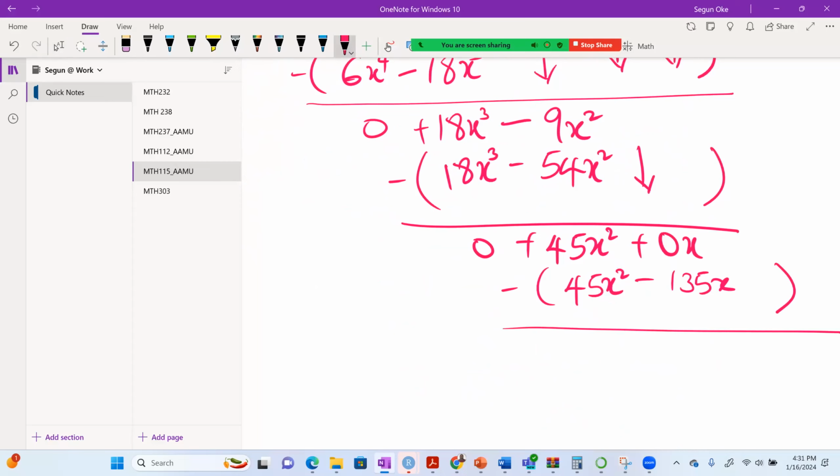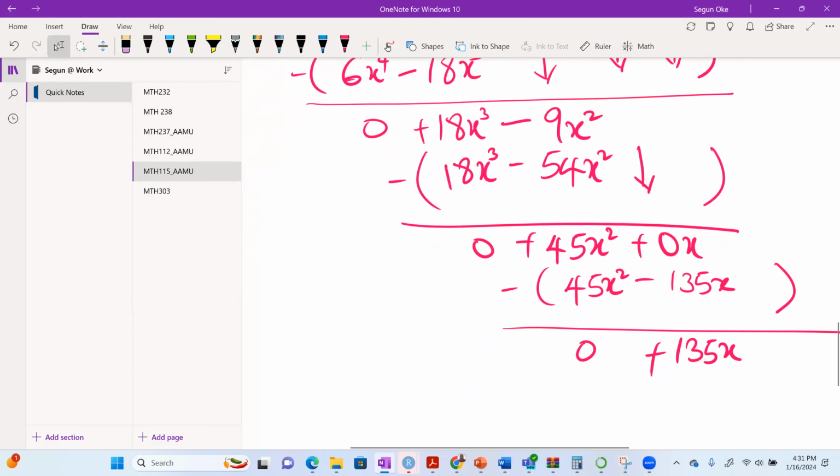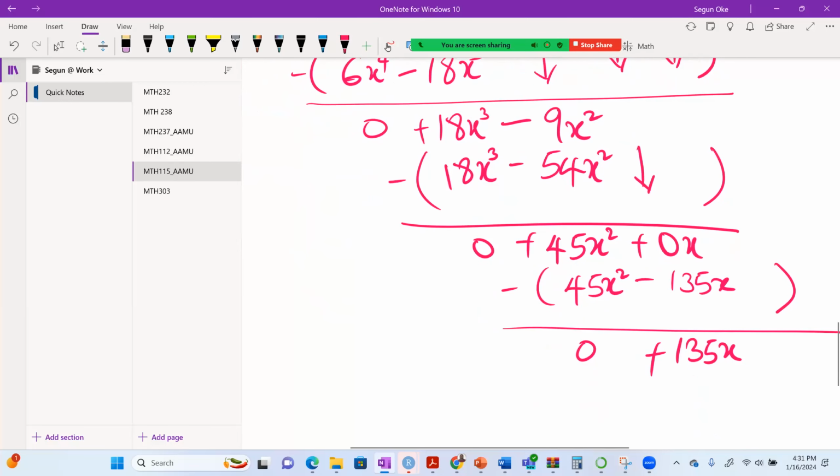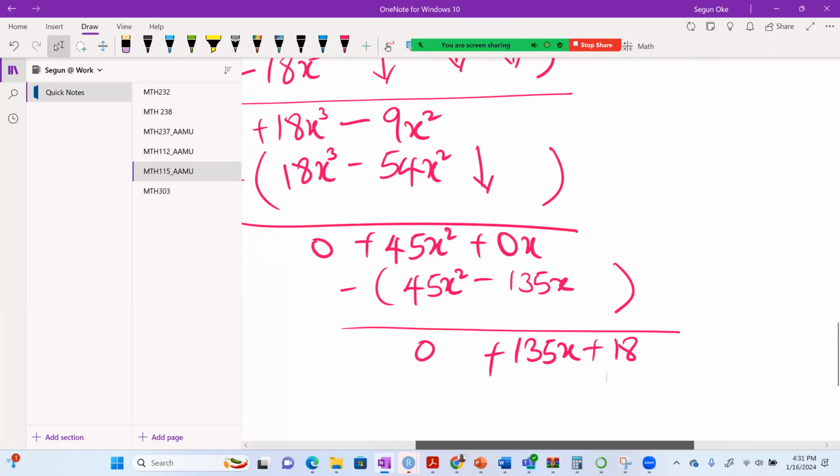So by the time you add everything together, this will be 0. And this will be positive 135x. Then don't forget, you still have plus 18 here. So all you need to do is to find how many x is in this again.